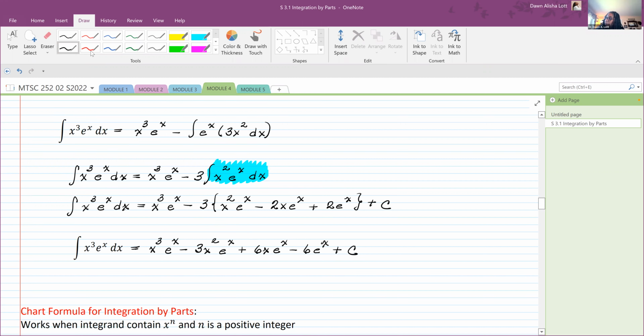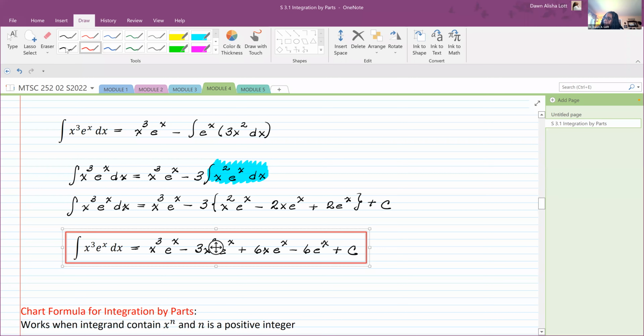Okay, there we go. So far today, we've only learned one formula, but we've done several different problems using this one formula.